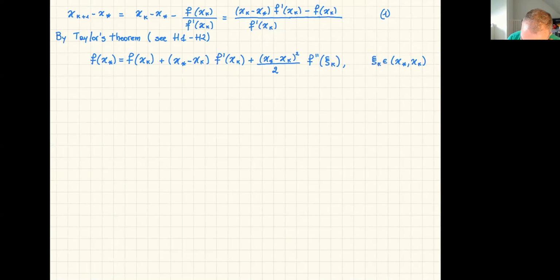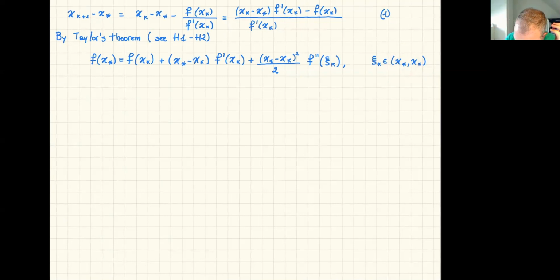The last thing I'll note is that this notation is agnostic about whether x star is greater than xk. If you read these and think, oh, xk is greater than x star, just think again. In fact, this is an open interval, and you can define it to be whichever is the largest.